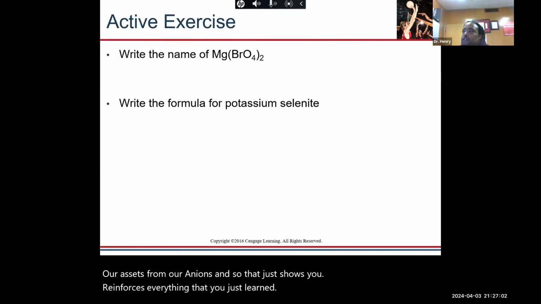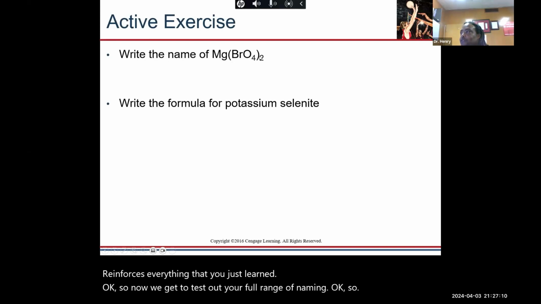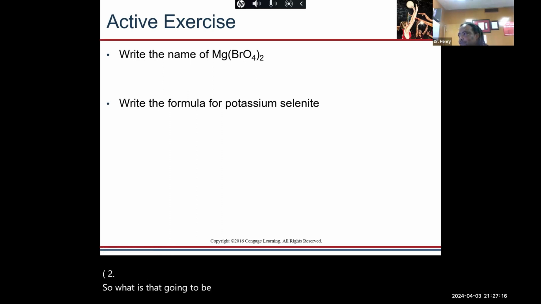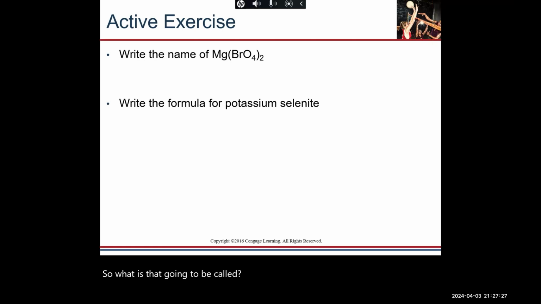Now we get to test your full range of naming. Mg(BrO4)2. What is that going to be called? Is that one with the Greek prefixes?